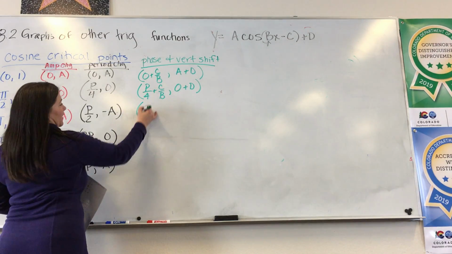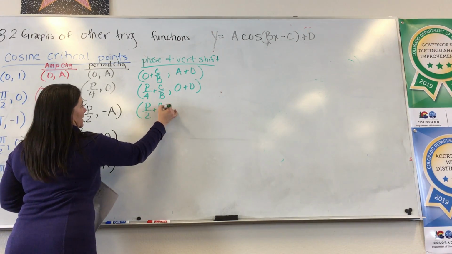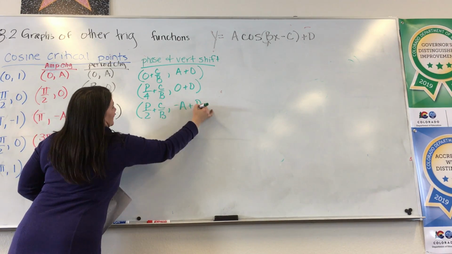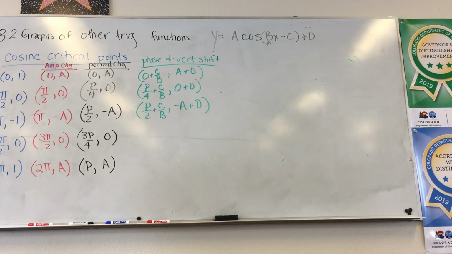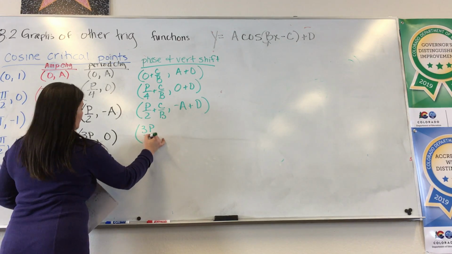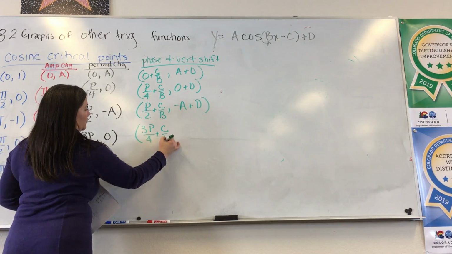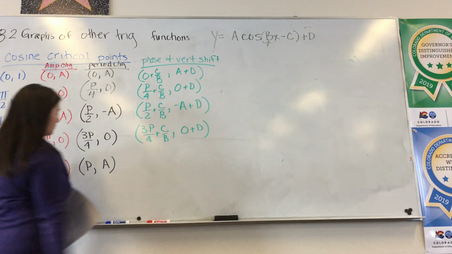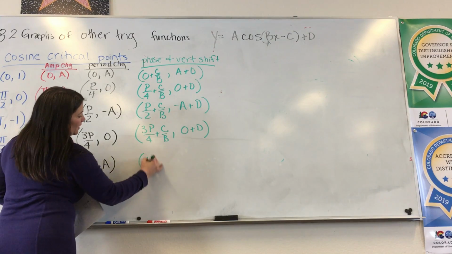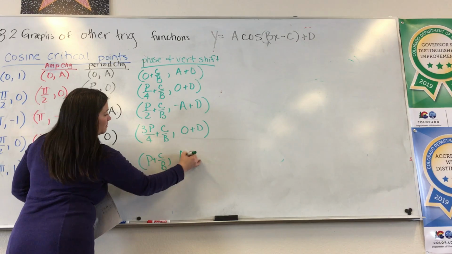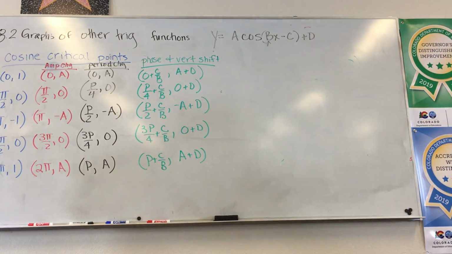I would have the period divided by 2 plus the phase shift, negative A plus D. And I would have 3P over 4 plus the phase shift, 0 plus D. And I would have the period plus the phase shift, and A plus D. So those are your critical points for cosine.